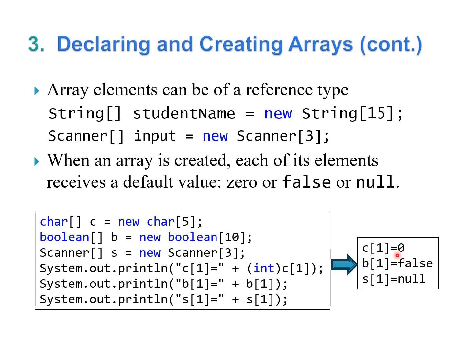So here elements of array B are of type Boolean. So after being created, each element of array B, such as B1, has value false. The element type of array S in this example is Scanner, which is a reference type. So the default value of its elements after the array is created is null.